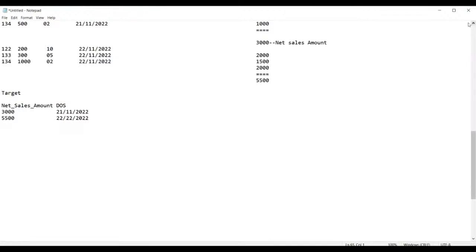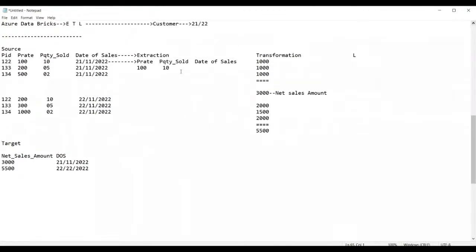We have transformed this much data, the data of two tables, into one table in a summarized manner. So you can report this to the customer, stating that this is the difference of sales between the 21st and 22nd day of November 2022.